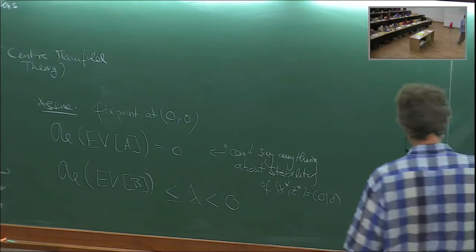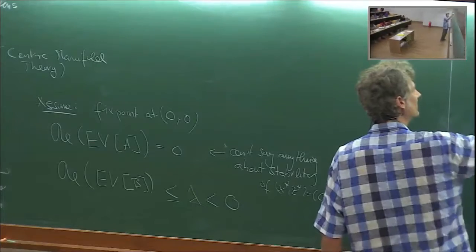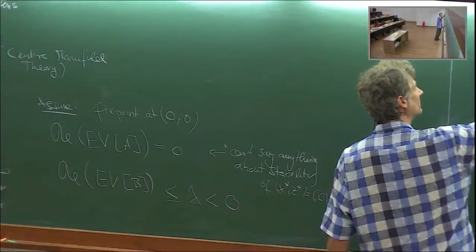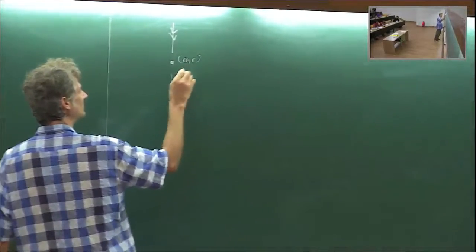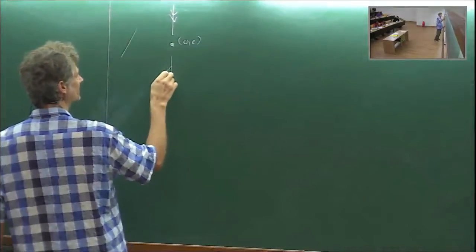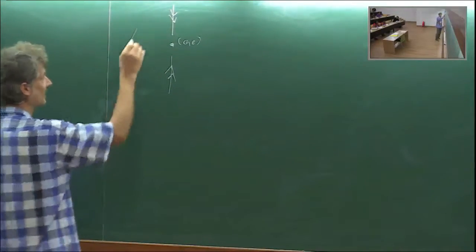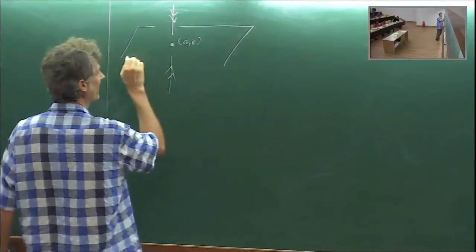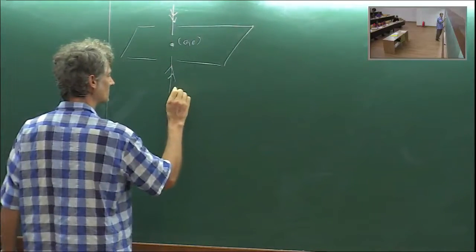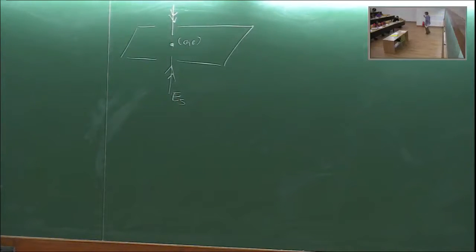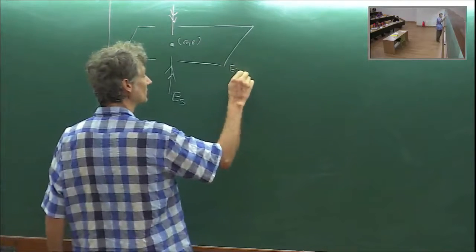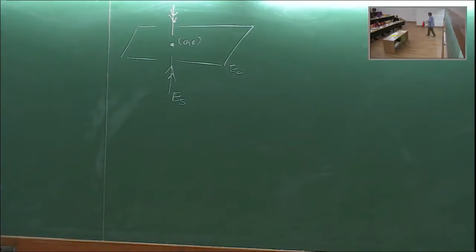So in the linear case, the picture you have in the y direction, if this is my fixed point (0, 0), you have a fast contraction. That's my eigenspace. So this is a stable eigenspace associated with the y direction, and this is what's called a center space in the x direction.